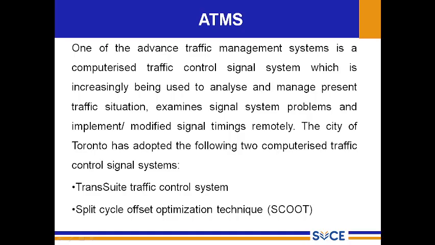In well-developed countries like Canada, in Toronto, they have adopted two kinds of computerized traffic control systems. One is the transient traffic control system. The other is the split cycle offset optimization technique. SCOOT is a very familiar system in many countries. In Britain and European countries also, the SCOOT system is adopted.